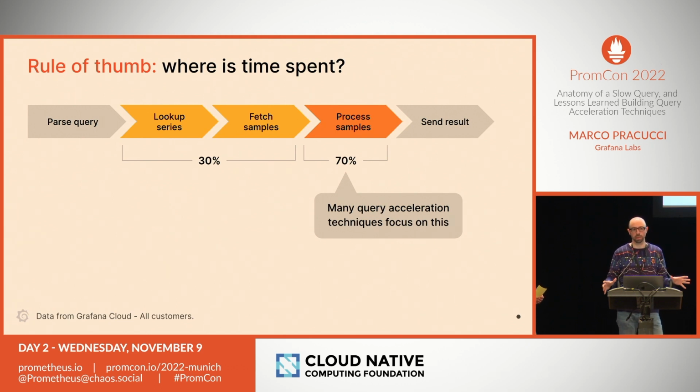By fetching the samples, I mean fetching the chunks, which are the compressed samples. Then 70% of the time is actually spent processing these samples, like decoding the chunks, and then computing the rate and the sum. So that's why, for several optimization techniques, we focus more on techniques to reduce the time it takes to process the samples rather than to fetch this data.